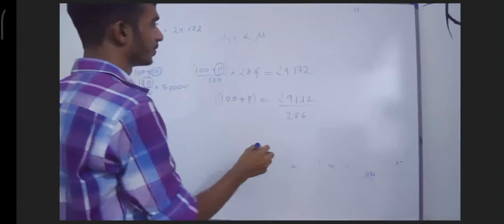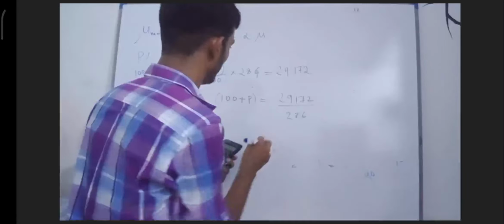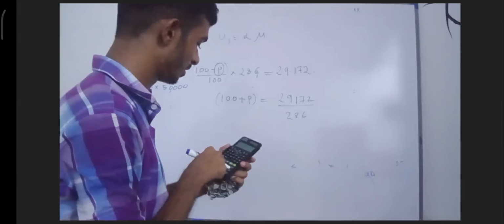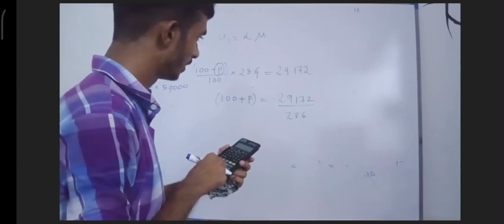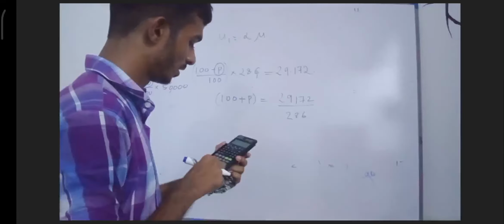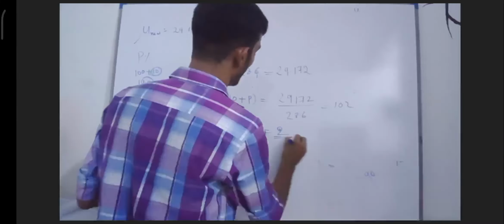If I use the calculator, you can use your logarithm table. I don't have a logarithm table, so I will directly use 2917.2 divided by 28.6, which would give you 102. So P is equal to 2.